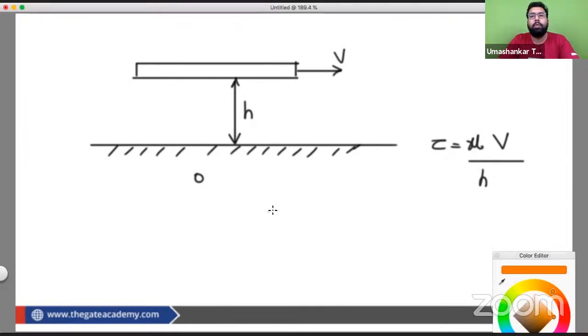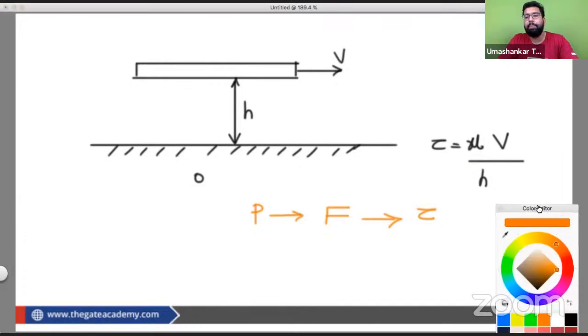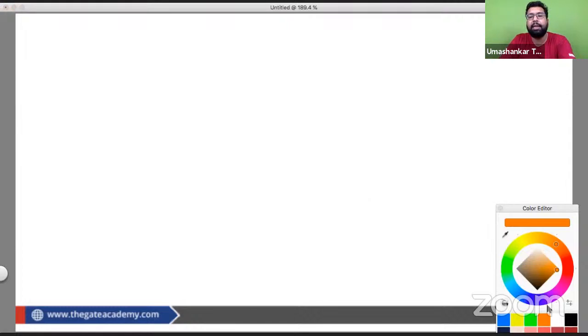If you are given the power, you may find the torque from here, then you may find the force from here, or if it is a linear system, you may directly find the force from here, and from the force you can find the shear stress. Sometimes they frame the question like this also. So if you find the shear stress, you put it in this formula, and the other variable is required to be found in the question. I hope you will be able to find it as well. Now, where the mistake happens, a mistake happens in the area.